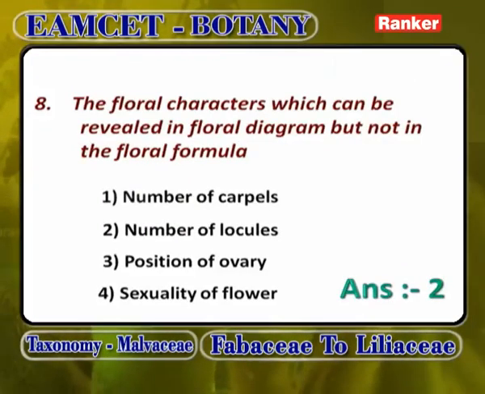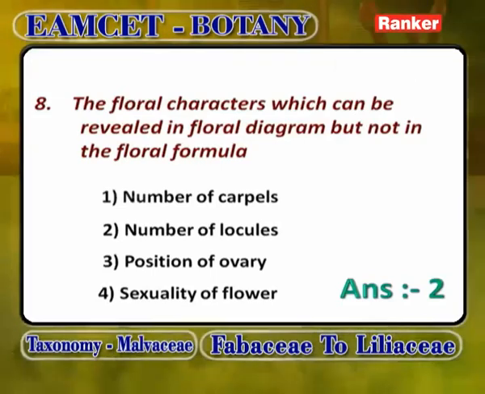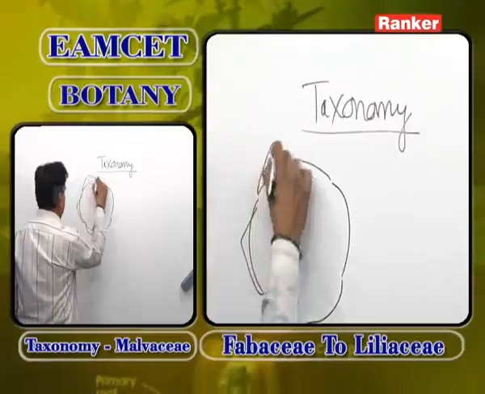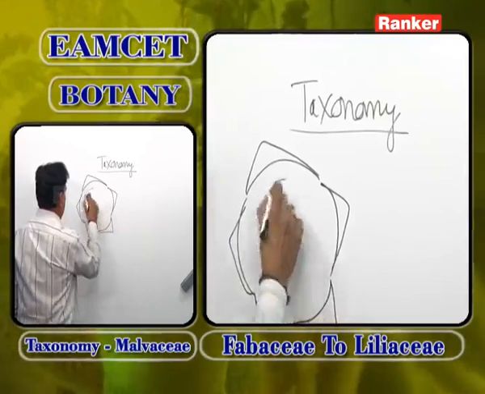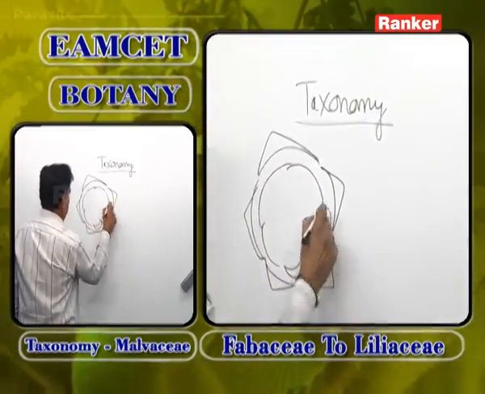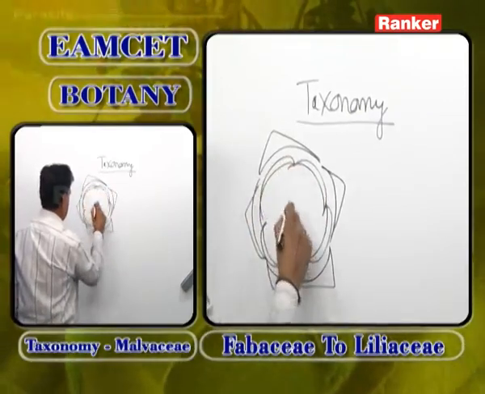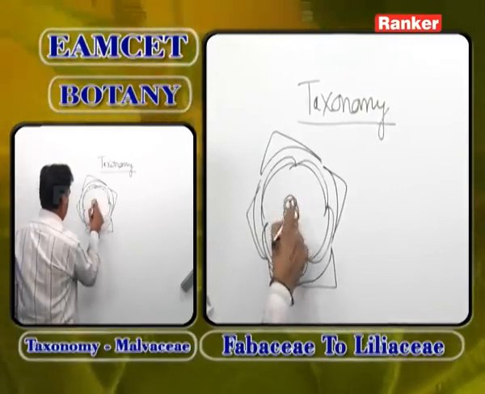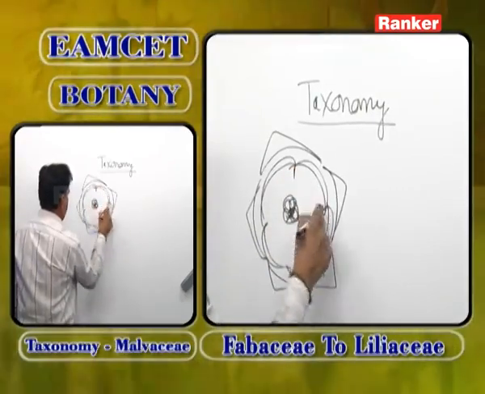Next, the floral characters which can be revealed in floral diagram but not in floral formula. So, you know floral diagram shows the condition of calyx, condition of corolla, condition of gynoecium and condition of androecium.